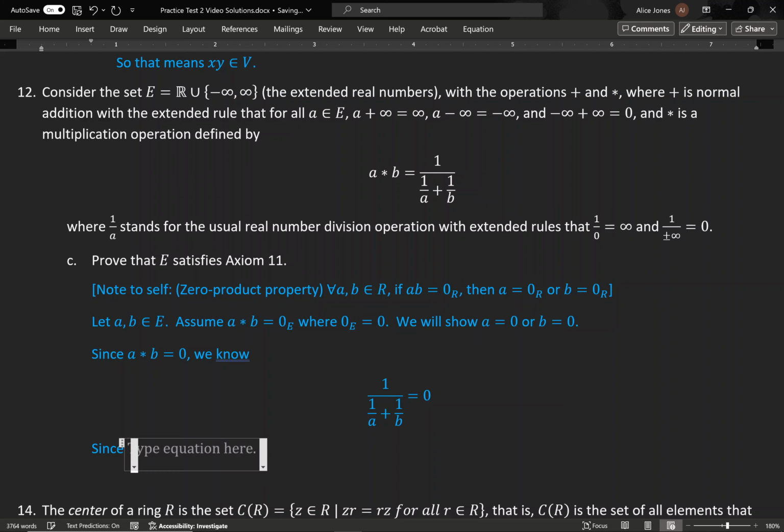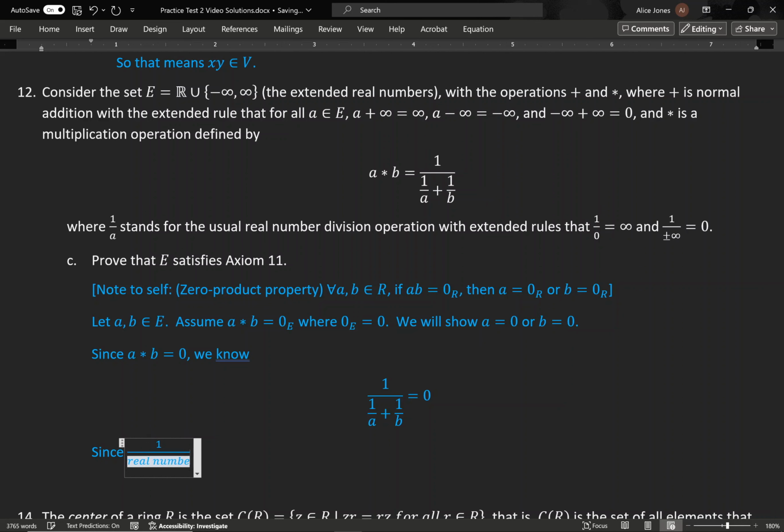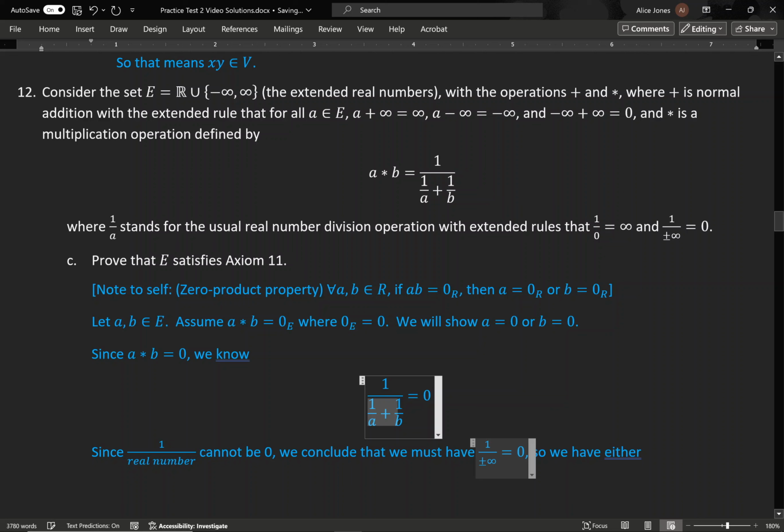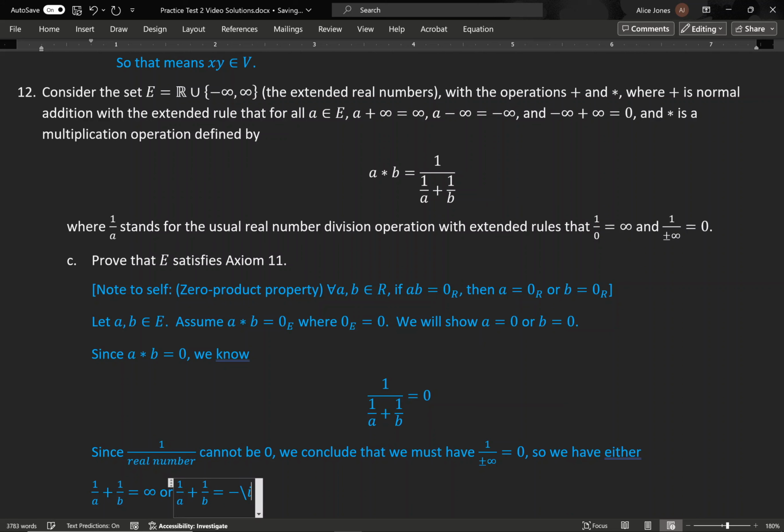Since 1 over a real number cannot be 0, we conclude that we must have this situation. So we have either 1 over A plus 1 over B is positive infinity or negative infinity. Okay, so one of these two things.